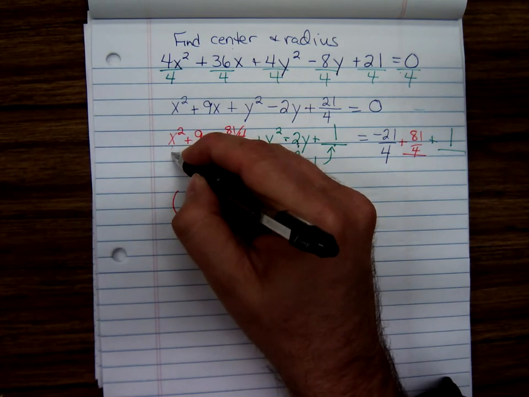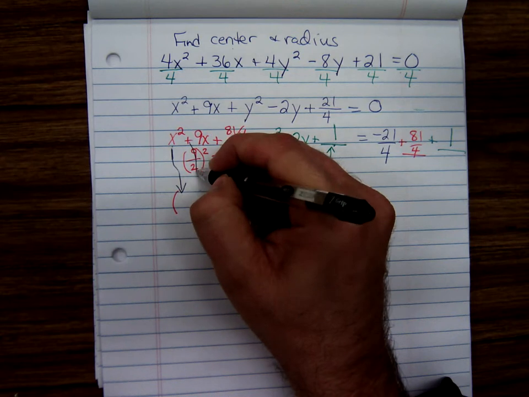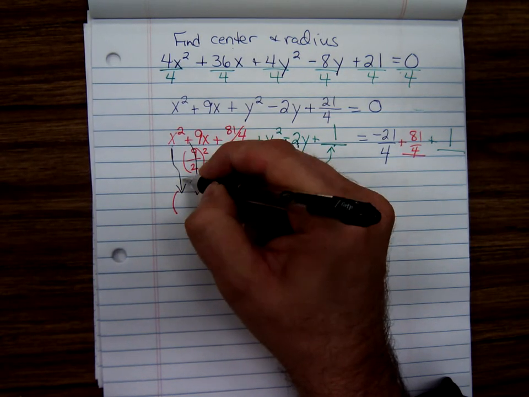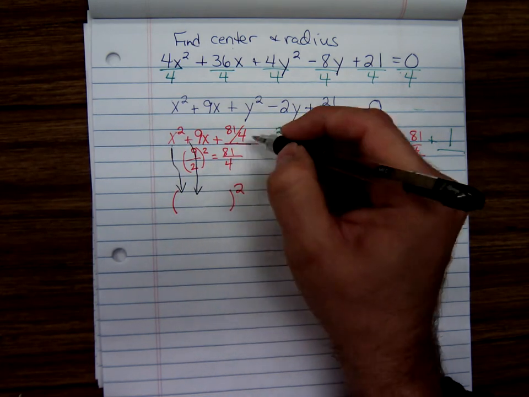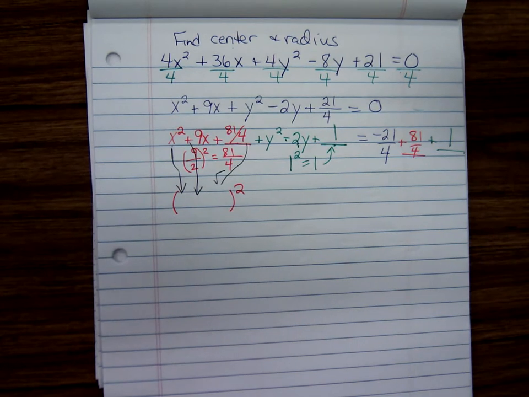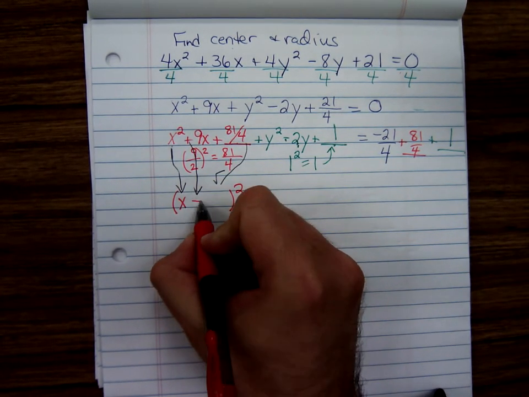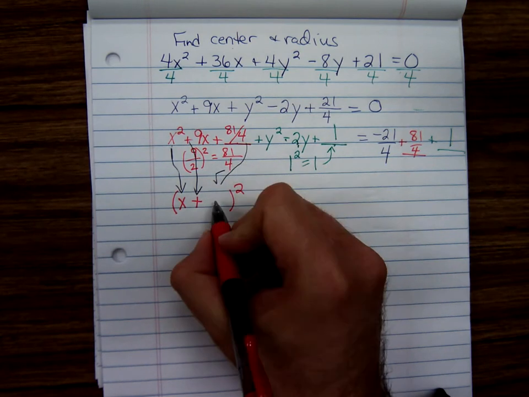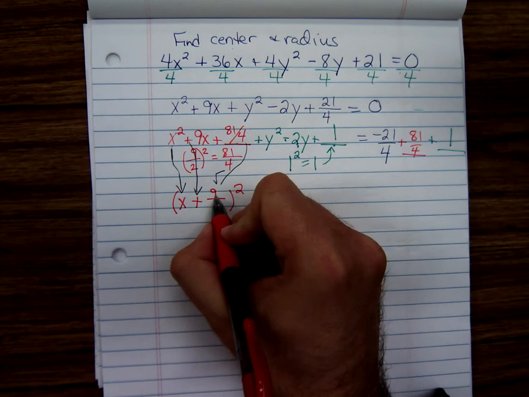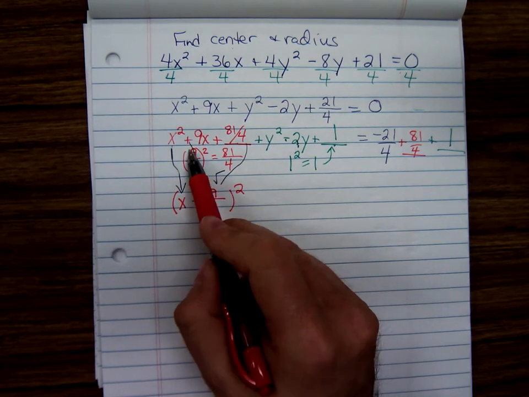Well, write that variable, carry down this number, this sign, so plus, so it'll be x plus, then take the square root of that third number, so x plus the square root of 81 over 4. The square root of 81 is 9. The square root of 4 is 2. Right there what we had.